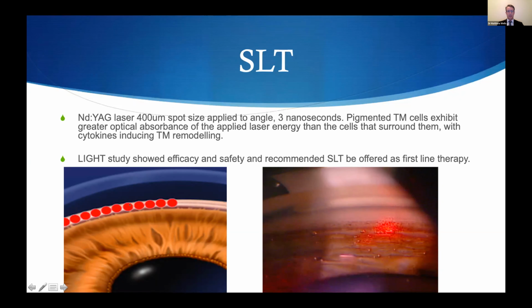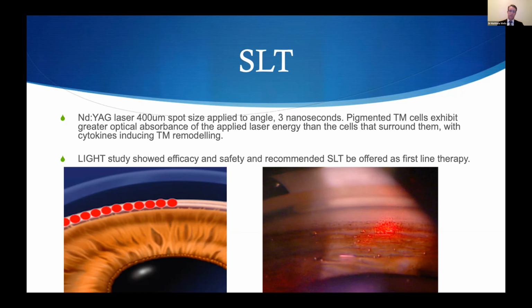That's the area of the eye where the cornea meets the sclera and the iris all together, the angle. And the trabecular meshwork cells preferentially take up that laser energy, and the inflammation and remodeling that occurs once that's happened tends to improve the function of the trabecular meshwork, and the pressure is lowered.